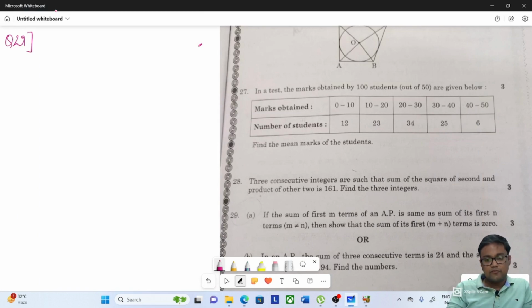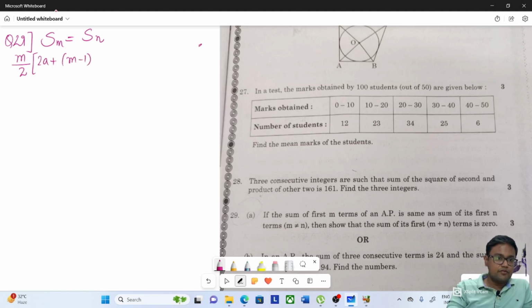If the sum of the first m terms of an AP is the same as the sum of its first n terms, that is, m by 2 into 2a plus m minus 1 into d is equal to n by 2 into 2a plus n minus 1 into d.